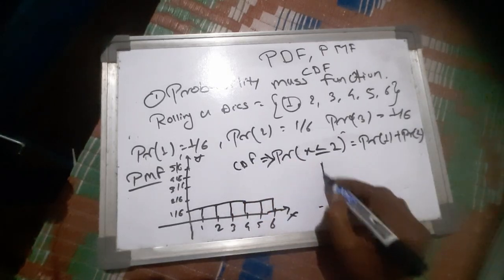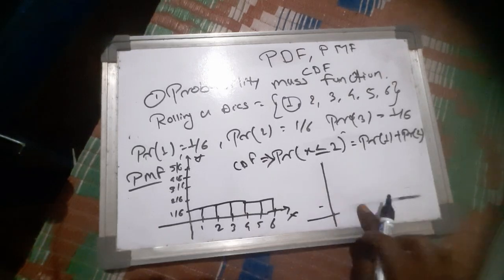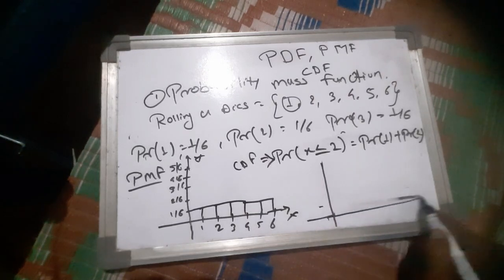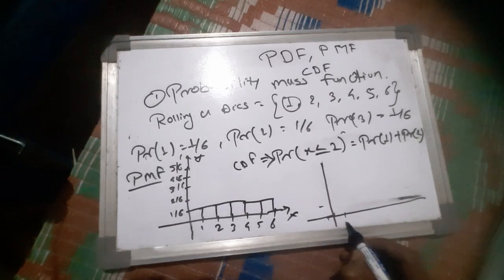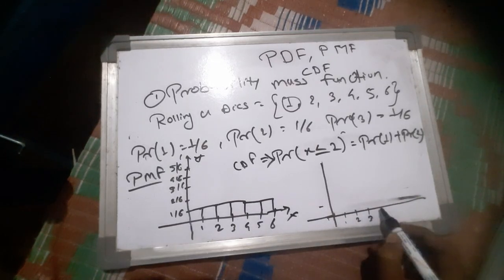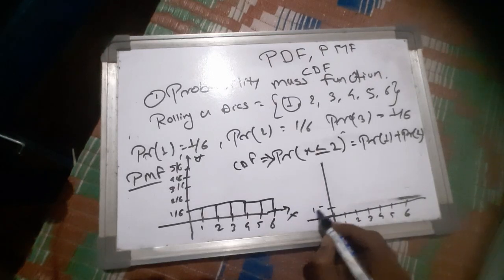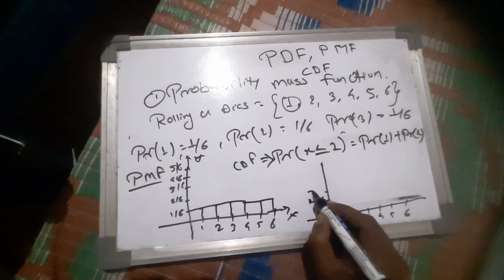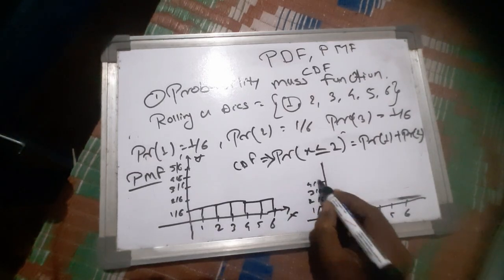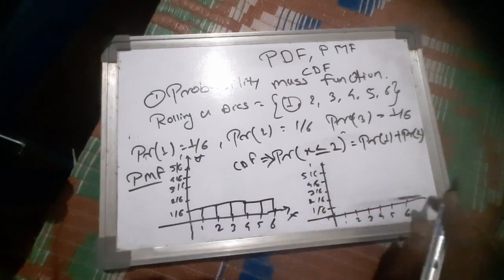If we talk about this graph, we have a graph that looks like this: 1, 2, 3, 4, 5 and 6 on the x-axis, and 1 by 6, 2 by 6, 3 by 6, 4 by 6, 5 by 6 and 1 on the y-axis.